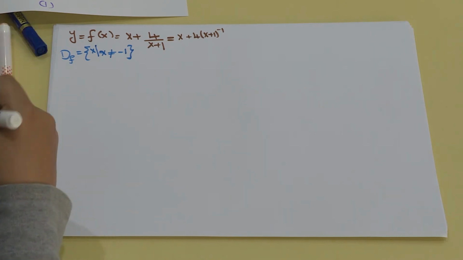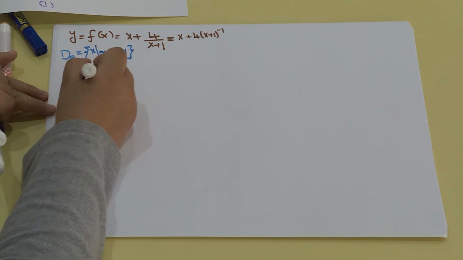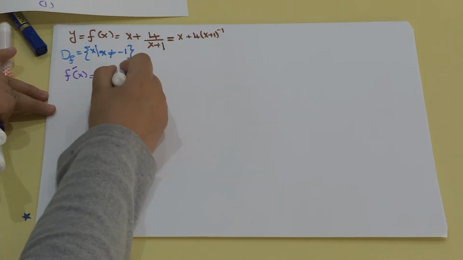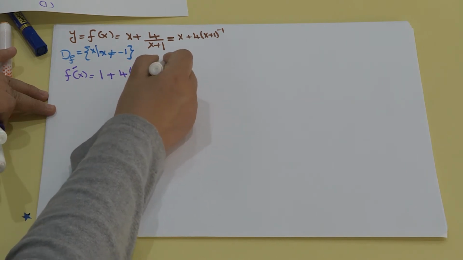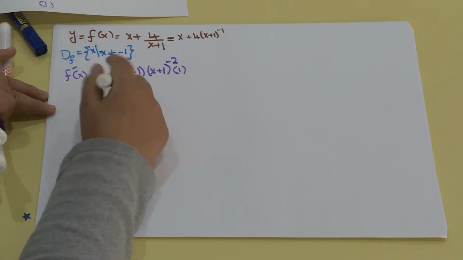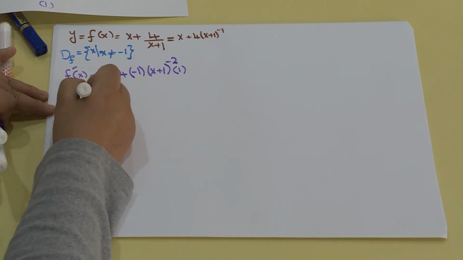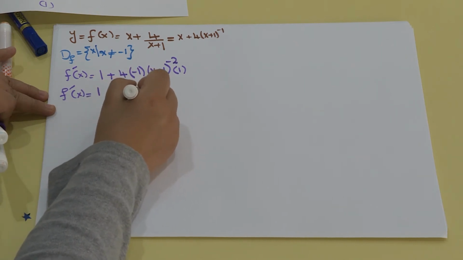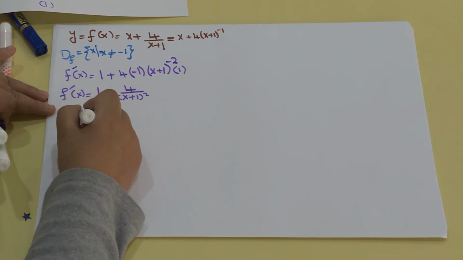So now let's find the first derivative f prime of x. f prime equals the derivative of x, which is 1, plus the derivative of this part, which is 4 multiplied by minus 1 multiplied by (x plus 1) to the power minus 2 times the derivative of the inside, which is 1. Here we applied the chain rule. So now we have f prime of x equals 1 minus 4 over (x plus 1) all squared. Why don't we have the same denominator here?